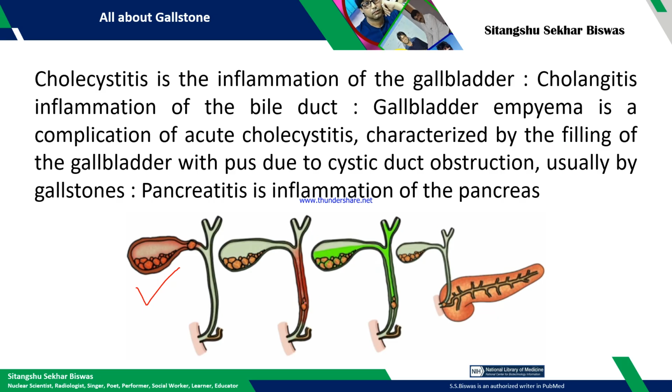Another thing is that a gallstone can be transported from the cystic duct to the common bile duct and get stuck there. This is called cholangitis, which is inflammation in the bile duct.